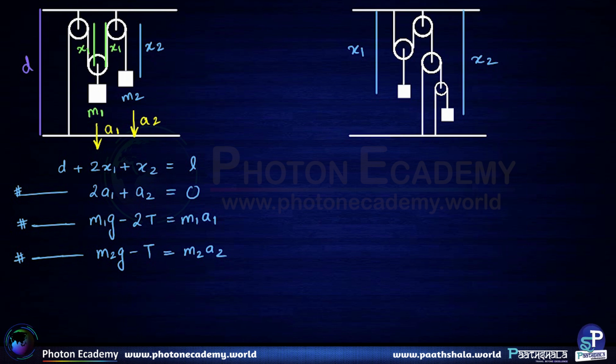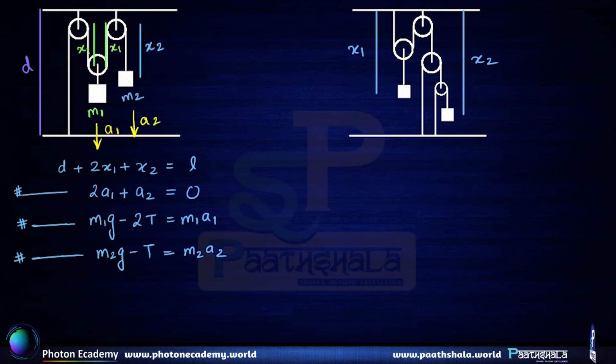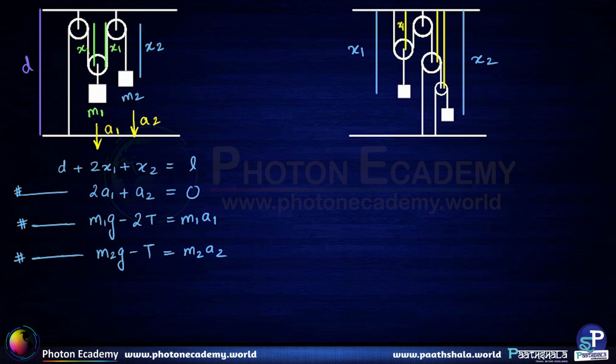So we need to take the distances from the center of each of the moving pulleys to any of the rigid supports, up or down. This is, let's say, xp1, this xp2, and this xp3.